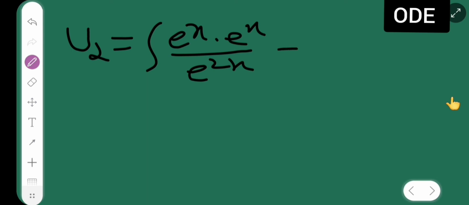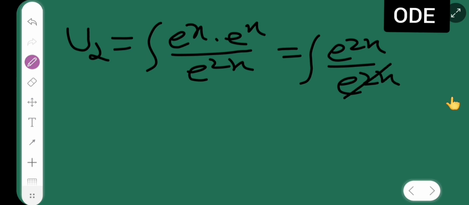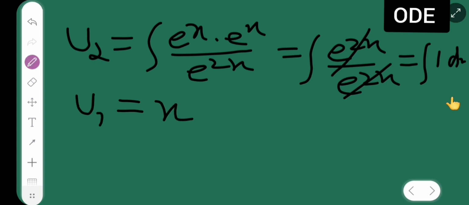So here it is the integral of e raised to power of 2x upon e raised to power of 2x. This will get cancelled and 1 will remain. Integral of 1 with respect to x, so what I am going to get is nothing but x. This is my u2. So I have found out my u1 and u2 now.